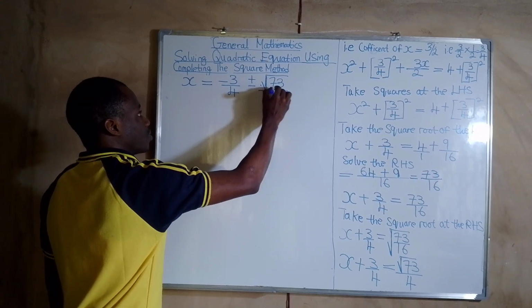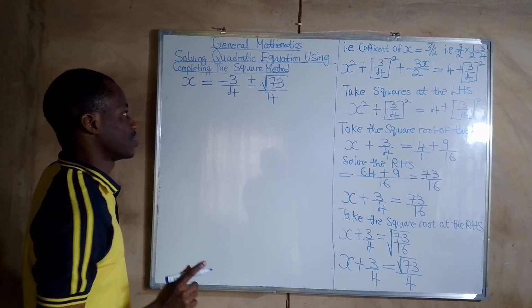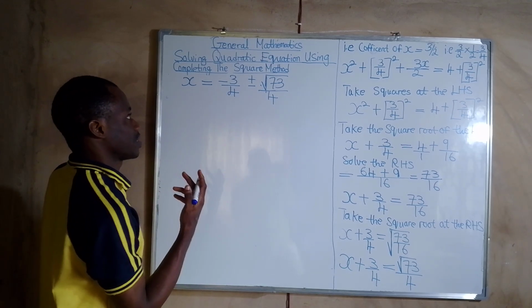So now, why are we including plus or minus? We are including plus or minus because quadratic equations will mostly give you two answers, right?